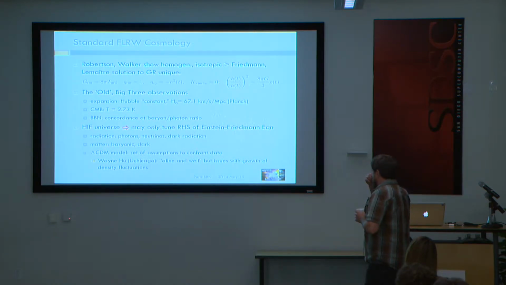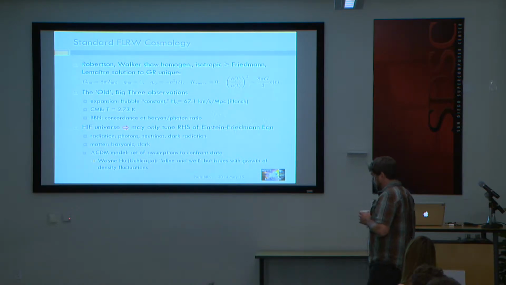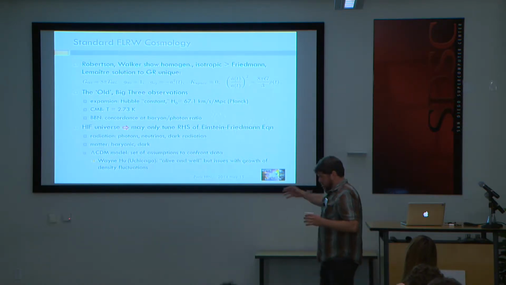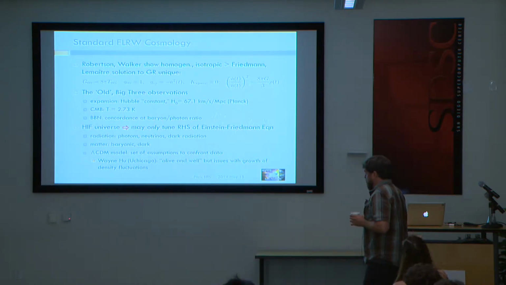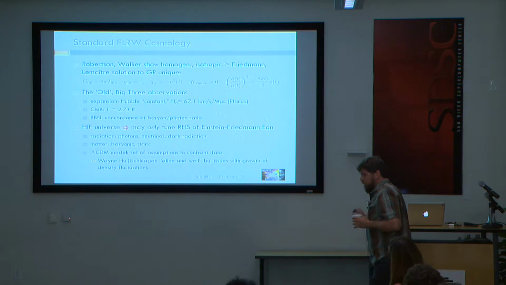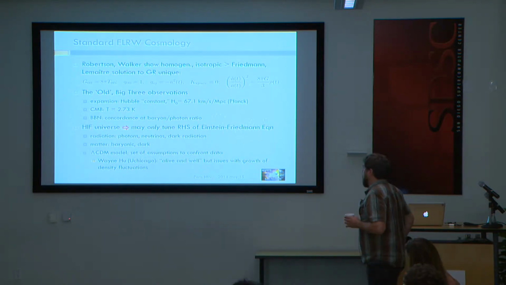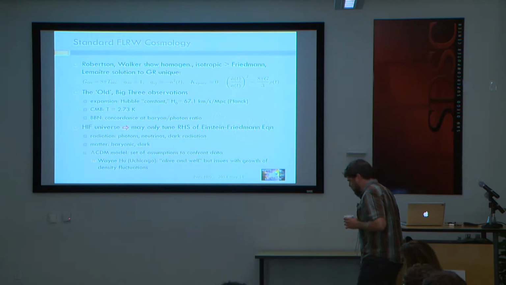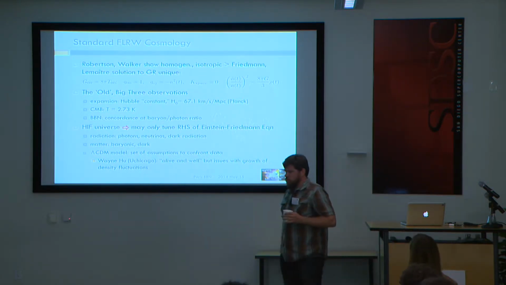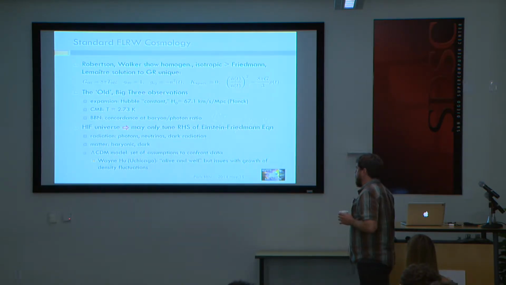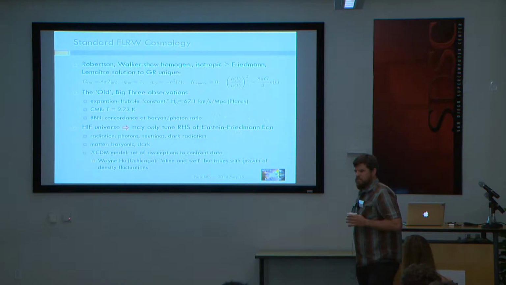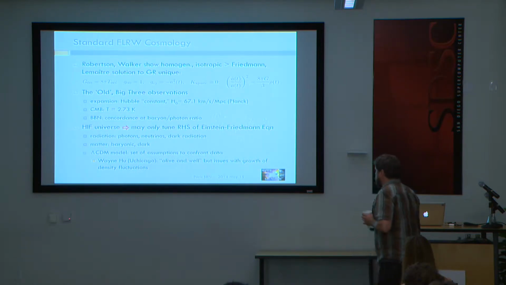But the 3 big observations that come out of this, as I've already said, are the Hubble expansion of the universe, the fact that every point is moving away from every other point, and the prediction of the cosmic microwave background, which has a black body spectrum, which has been observed to ridiculously high accuracy. In fact, deviations from it, which give us most of the information about structure in the universe, are at the level of 1 part in 10 to the 6. Is that right? Or 10 to the 5? Anyway, pretty close.